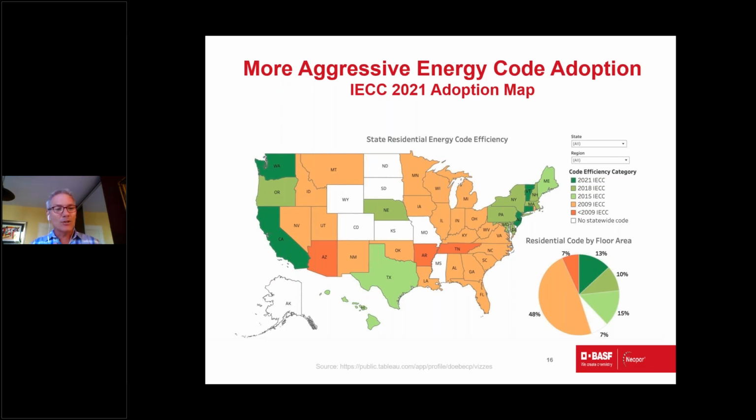So as you can see in the green, it's hard to look at these charts sometimes online, but the PowerPoint presentation is available for you to download from the Dropbox. You can see green like Washington State and California and Vermont, New Jersey. They've adopted the newest codes, and that's that 13%, as you can see in the little pie chart over there by floor area. So there's still over half the country that hasn't done much yet.